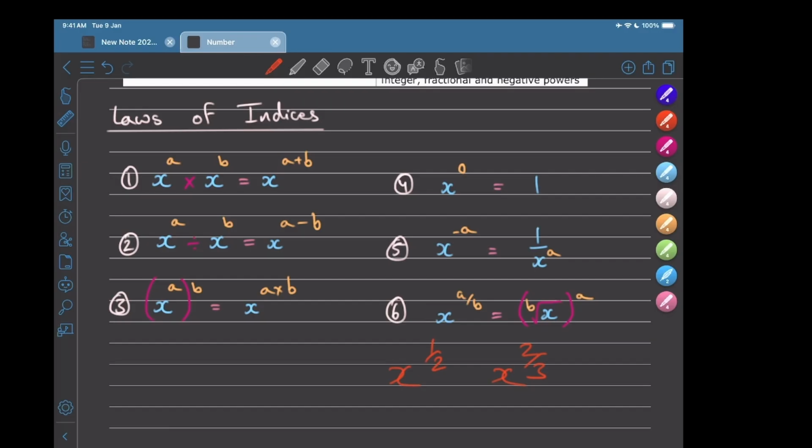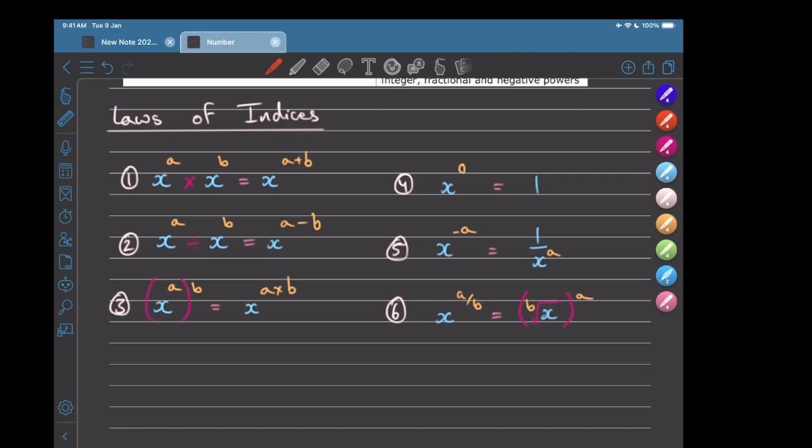Again, there can be different cases, it's the examiner's mood, you never know how they set the paper. But even so, always remember that a is for the bracket outside and b is for the root inside.